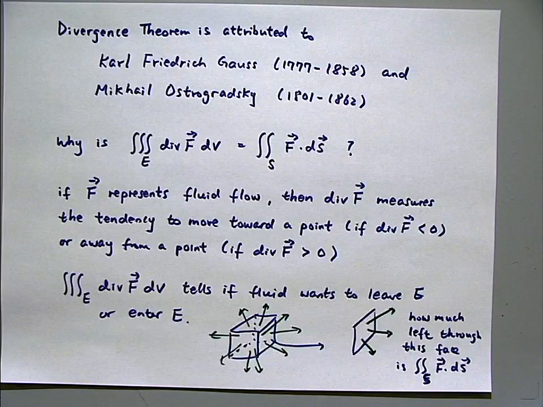Then F dot dS, which by the way, remember, is the same as F dot Ru cross Rv du dv. And you also have to be careful to make sure this is outward, because we want it to go outward, right?